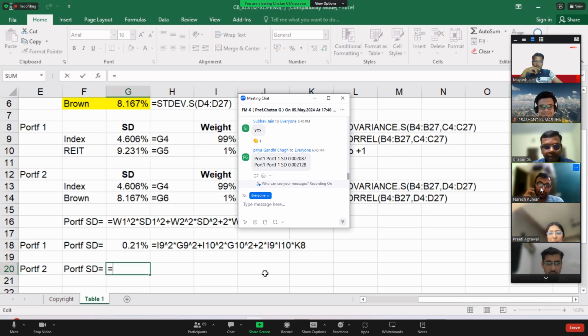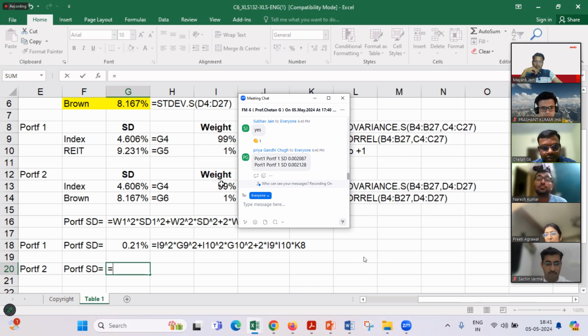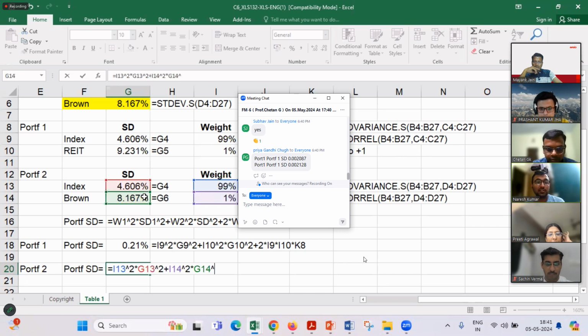So same, it is again equal to, those who have missed it, you can just go through it now. So this is W1 square multiplied by standard deviation 1 square, right? Next is W2 square multiplied by this. Up to 2 digits it is same in both if you calculate it.